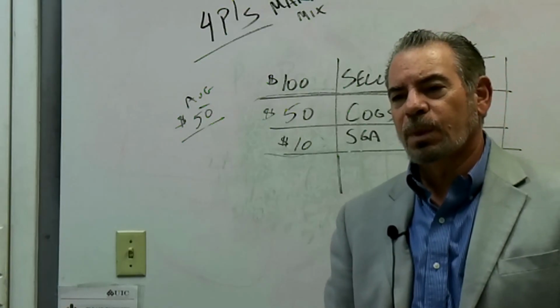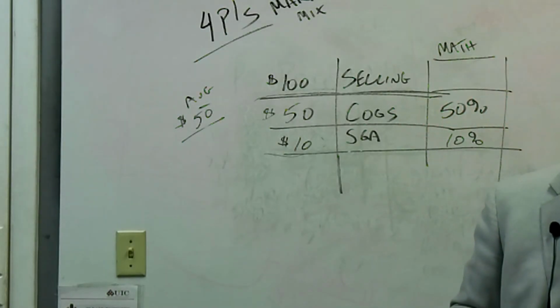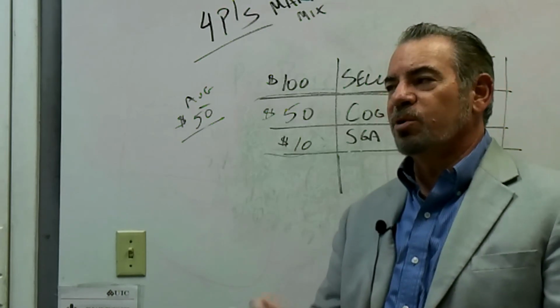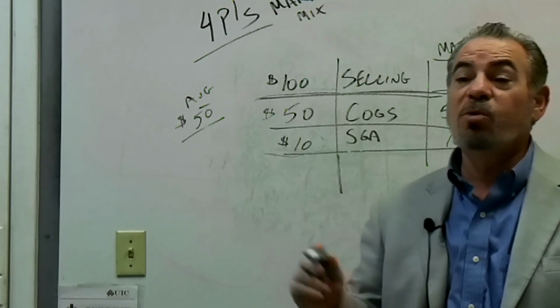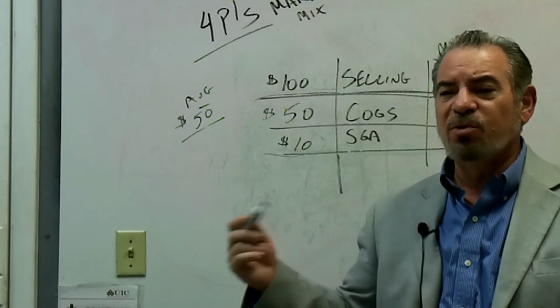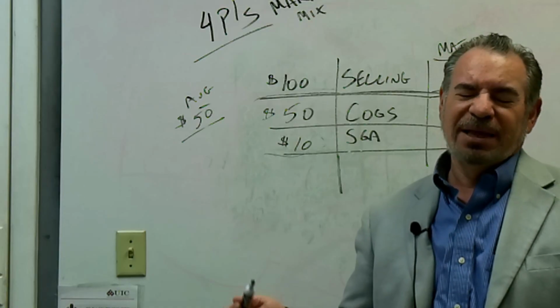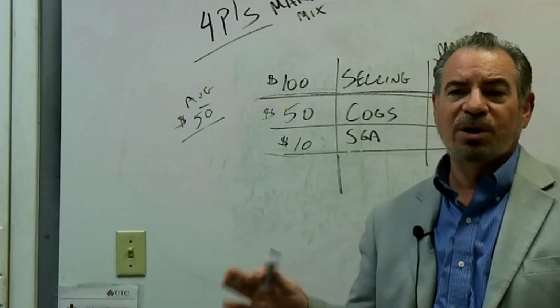How do you estimate that SG&A cost? Well, you'll know it once you start selling, but the estimate is probably about 10%, no more than 15. So estimate about 10% in the beginning. If something is costing you more than 10% to sell, that's pretty high, so you have to watch that number.